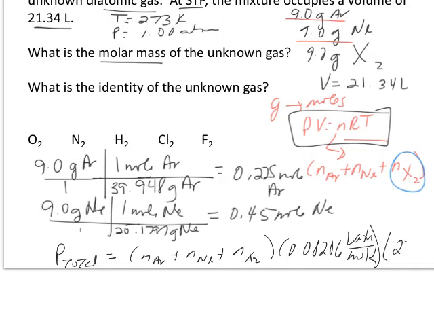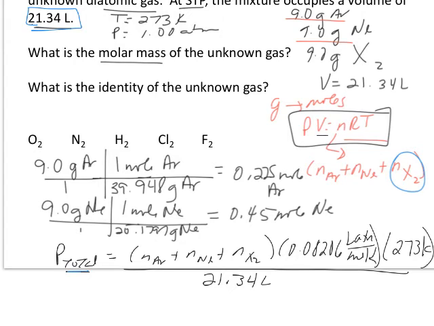It's at STP, which is 273 Kelvin, and then we divide this by volume because we solve this in terms of P. Our volume is 21.34 liters. Do you see where that was given to you right here in your problem?